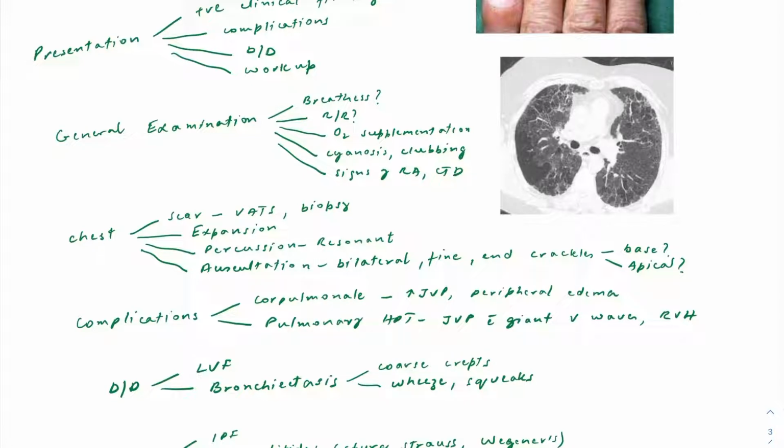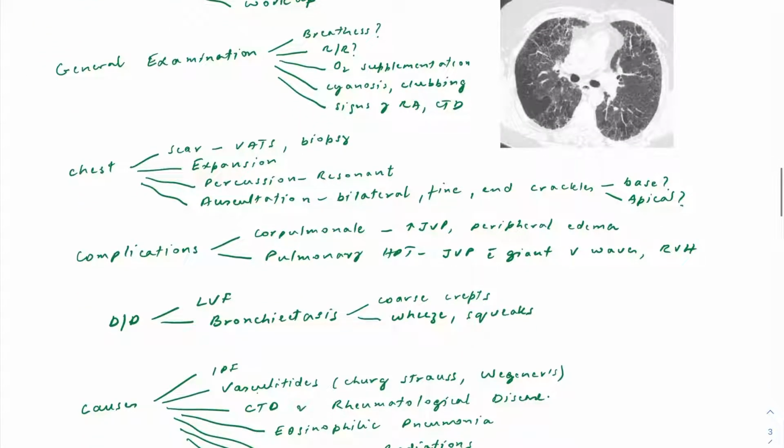There are a few very important complications, like cor pulmonale, in which the patient may have increased JVP and peripheral edema. Another complication is pulmonary hypertension, in which you may find a JVP with giant V waves. You may have a right ventricular heave or peripheral edema as well.